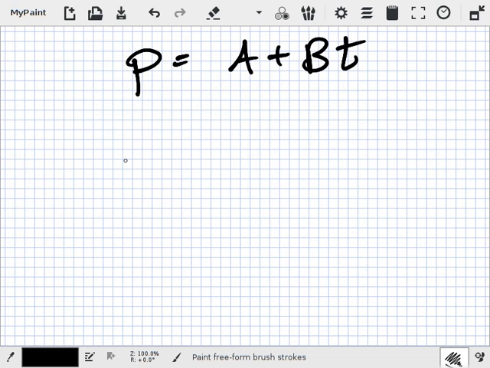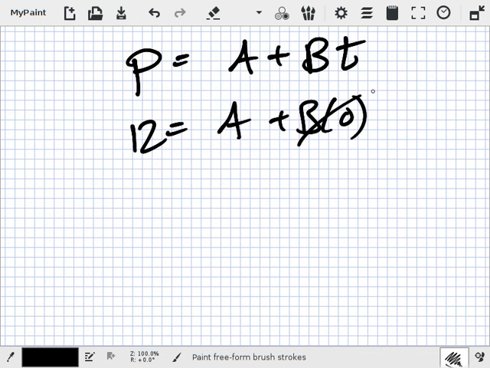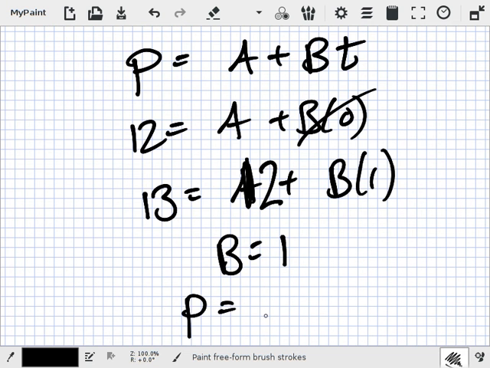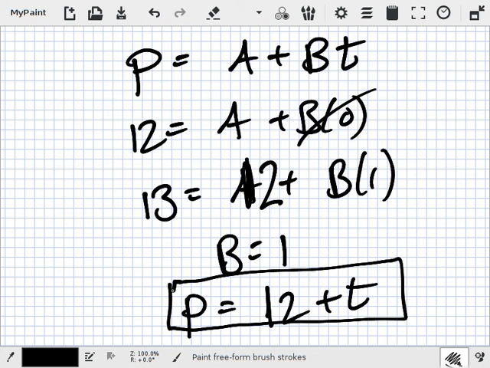Again, at the beginning it's 12, so 12 equals a plus b times 0. So again, a is 12. Then one year later, 13 equals a plus b times 1. But we know that a is 12, so b must equal 1. So we get power equals 12 plus t. And that's the answer for part B.